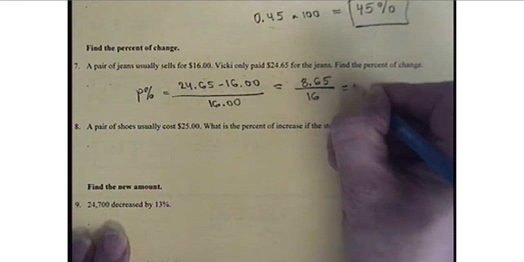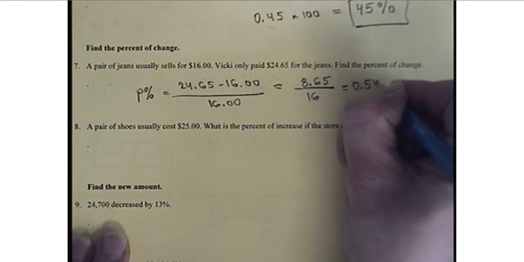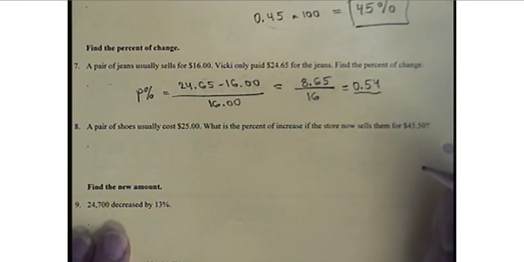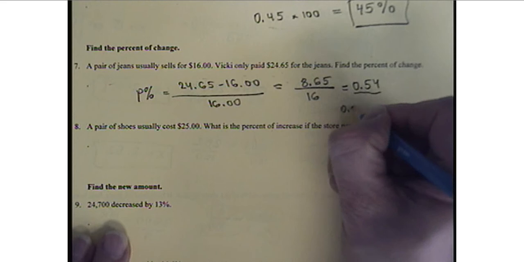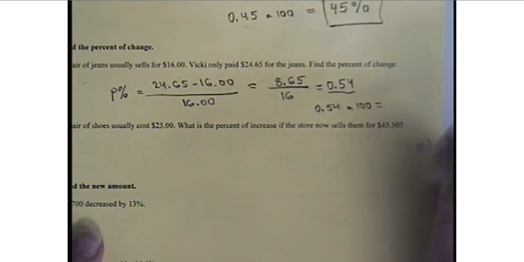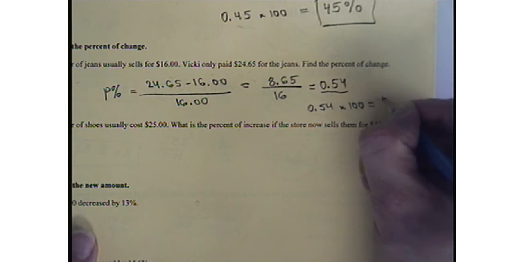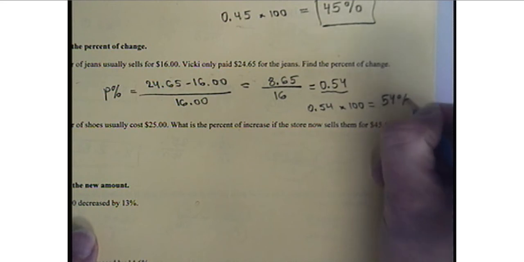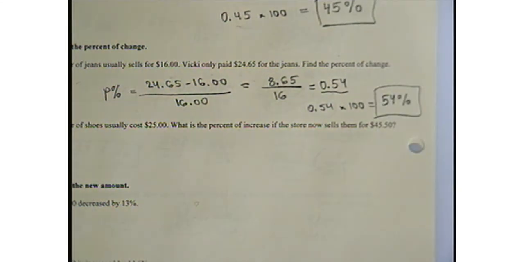This will be 0.54. But that is the decimal number. So 0.54 times 100 will give us the percentage of increase, 54%. So look at this. We had a huge increase in the amount from 16 to $24.65.